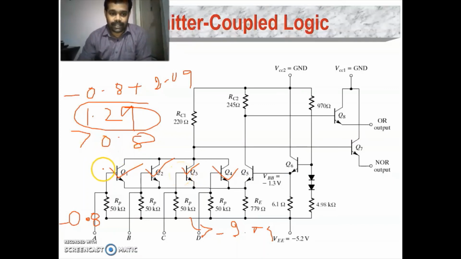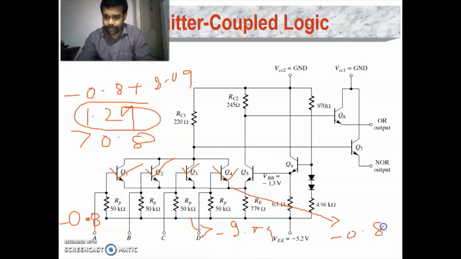So what happens? The transistors Q1, Q2, Q3 and Q4 will conduct. Due to the conduction of these transistors, the input you are giving is minus 0.8, and due to the conduction of this transistor, you'll be getting another minus 0.8.